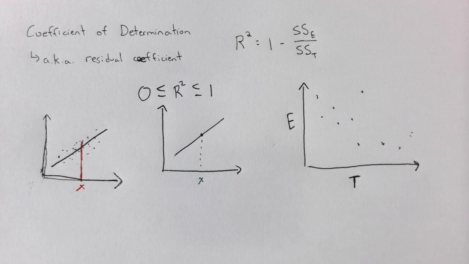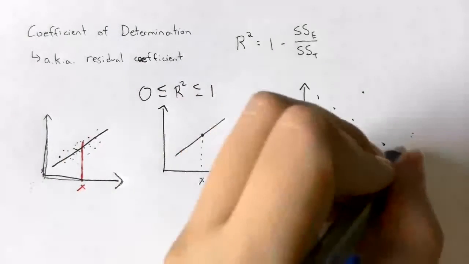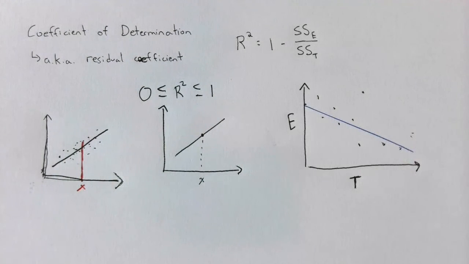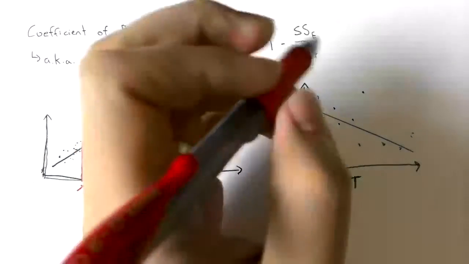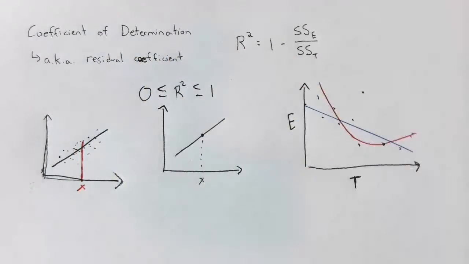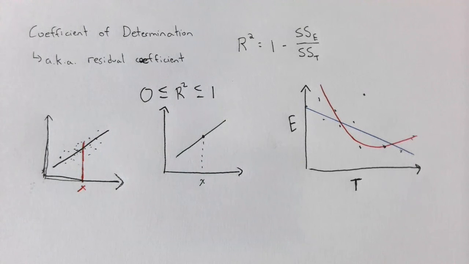Some students choose a first order polynomial equation, which essentially is just a line. Other students choose a second order polynomial equation, which will be some sort of curve. Other students may choose a third order, a fourth order, a fifth order, and so on.